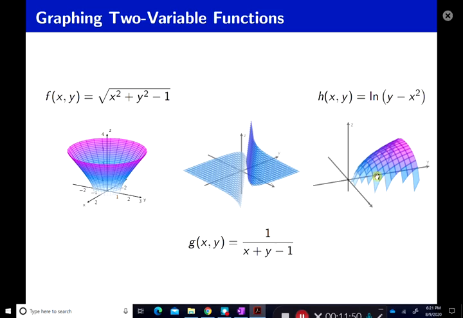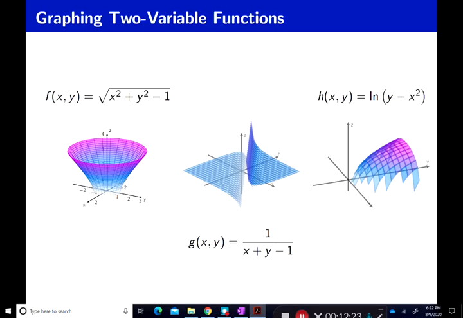And then over here also, natural log, it sort of looks like if you take the upper part, the intersection of the graph with, or cross section of the graph with x equal to 0, you get the graph of natural log of y, basically.